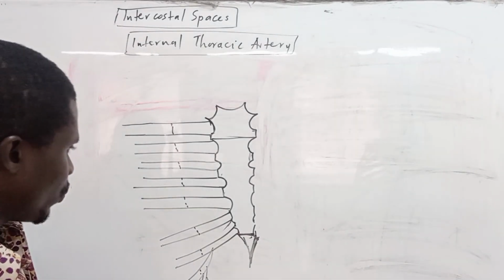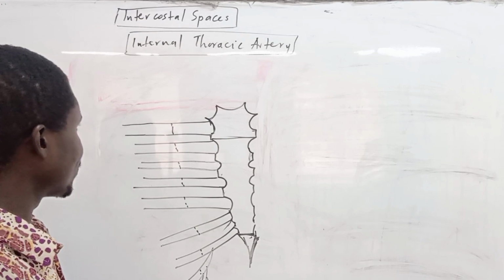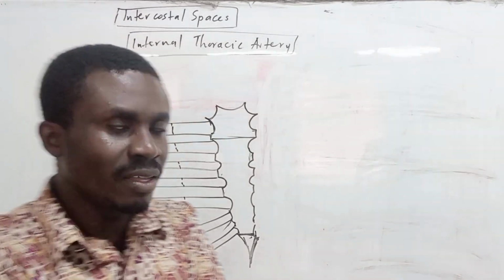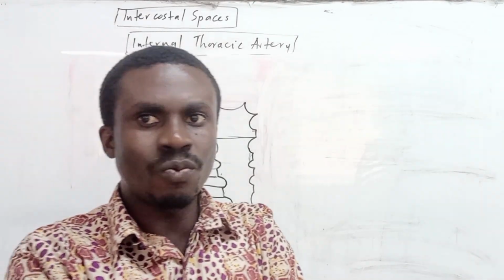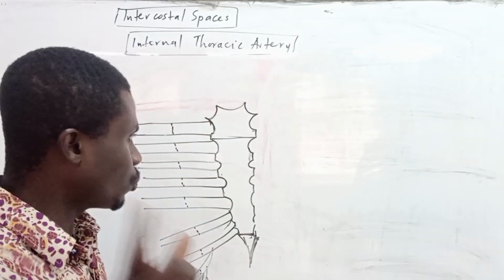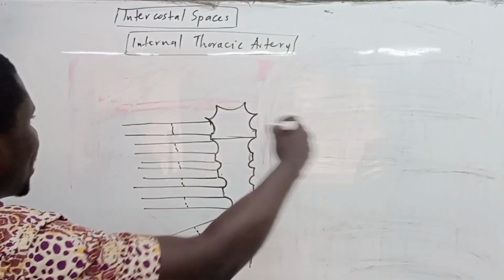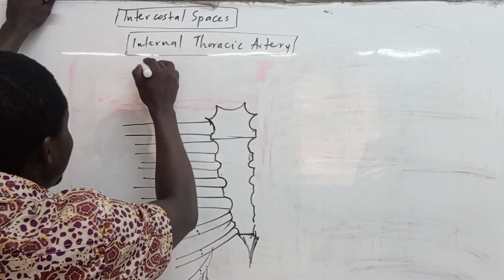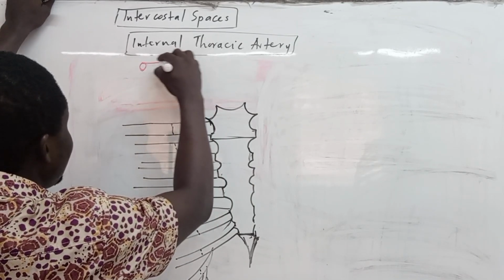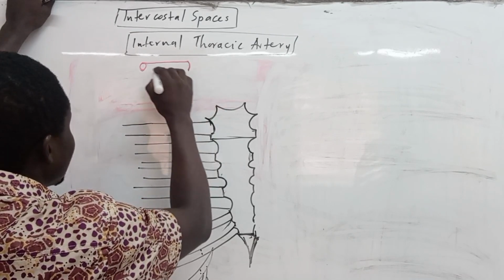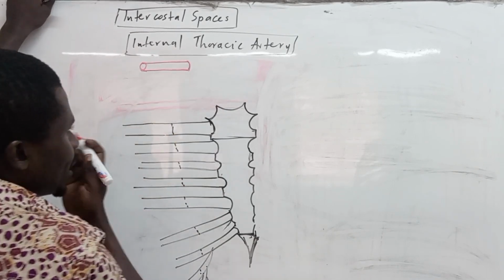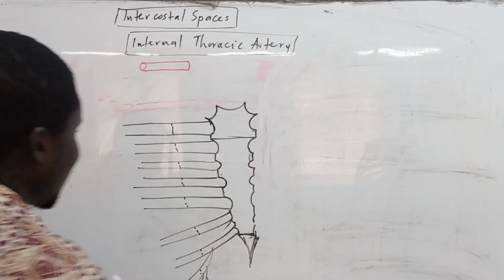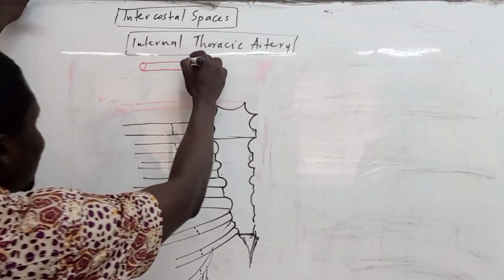Now, let's take a close look at this. What have we seen so far? I told you I'm interested in showing you something about this artery. Now, from the second part, assuming that I have the subclavian artery over here.